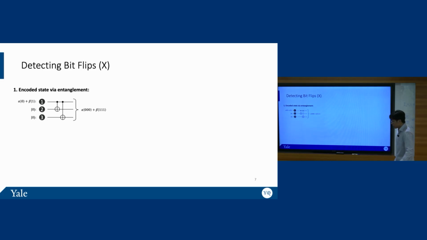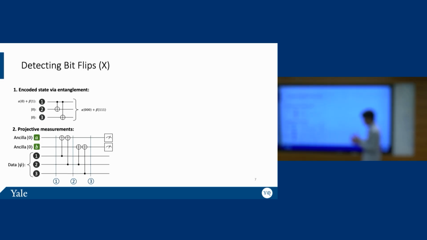Now if an error, for example a bit flip error, occurred on the first qubit, mapping 0 to 1 and 1 to 0, the state will become alpha |100> plus beta |011>. And if somehow we can check if all bits are the same along each basis state, we can tell, right? That's like what classical error correction is trying to do. So can we really check if the bits are the same?